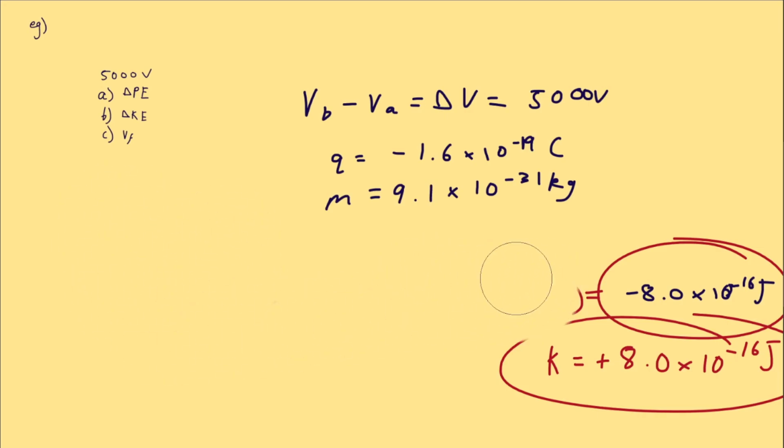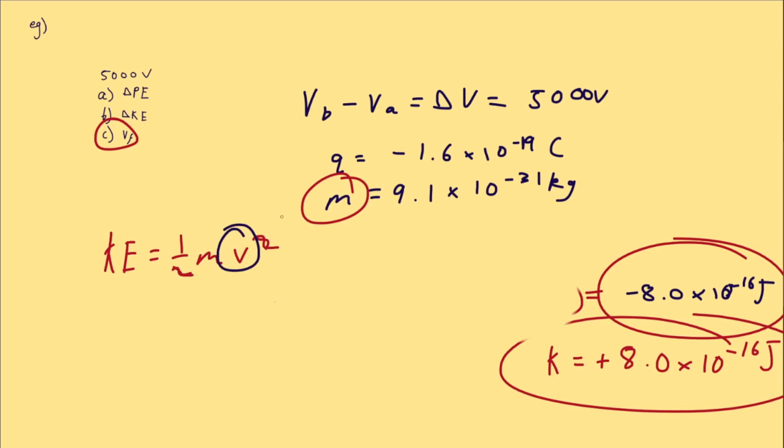But how about for the final question, which was the final velocity of our electron, which was dropped in with this voltage change? Since we know the kinetic energy and we also know the mass, it's very easy to find velocity. If you know the kinetic energy equation, which is kinetic energy equals 1 over 2 times mass velocity squared, then you can rearrange for velocity with your excellent math skills, which I hope you've been developing, to find V equals root 2 charge of V divided by mass.